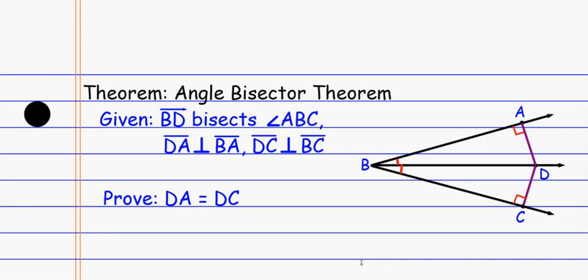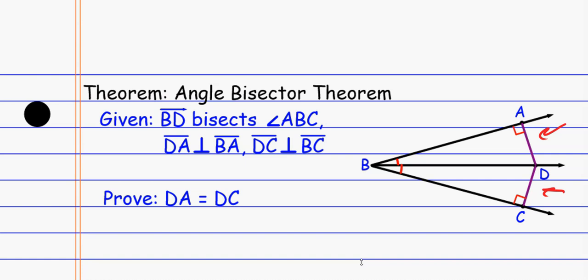And so really what this amounts to is I'm trying to prove that point D, that point that's on that angle bisector, is the same distance away from each of those rays, okay? I'm trying to show that this distance and this distance are the same thing. And so it's a very similar proof to what we just did. In the previous proof, we were trying to show that the point was the same distance from each of the endpoints.